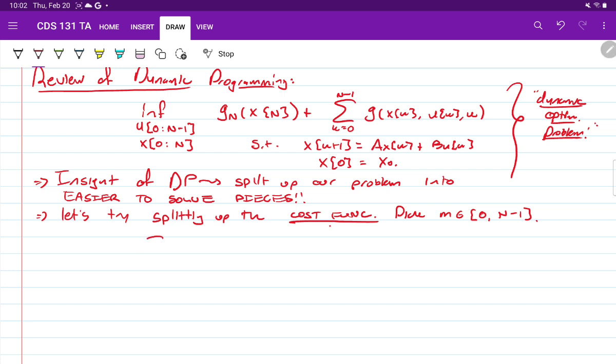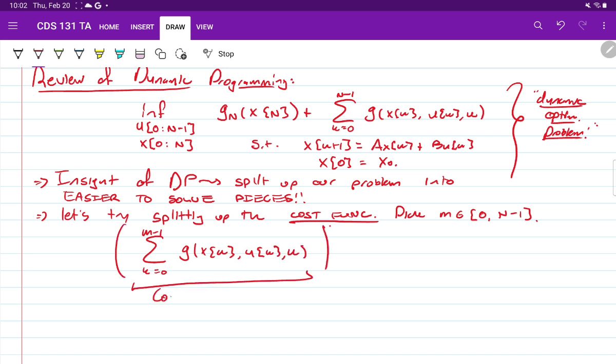So if I do this, what I'll find is I'll get the sum, k going from 0 up until m minus 1 of g of xk, uk, and k, right? So my first term represents the cost before m, plus this remaining cost-to-go term after m, okay?